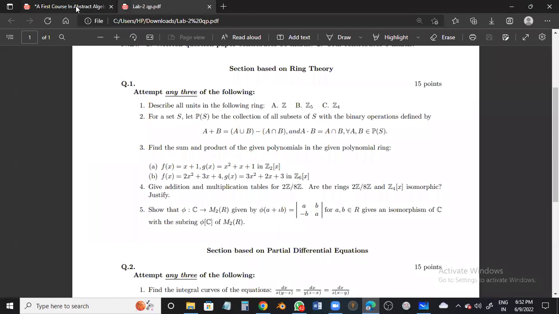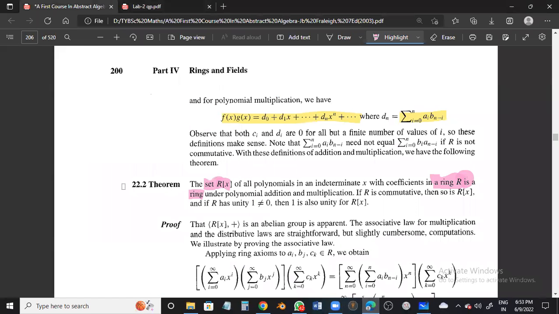Let us check this statement over here. You can check here as a theorem. The set R of X of all polynomials in an indeterminate X with coefficients in a ring R is a ring under polynomial addition and multiplication. What it means? If R is a ring, R of X also is a ring.